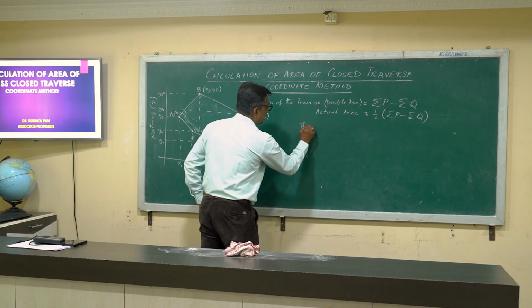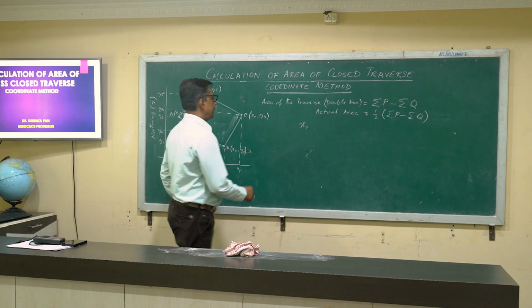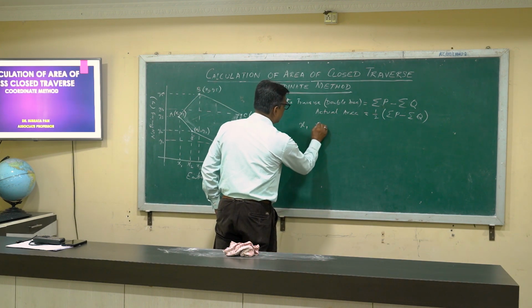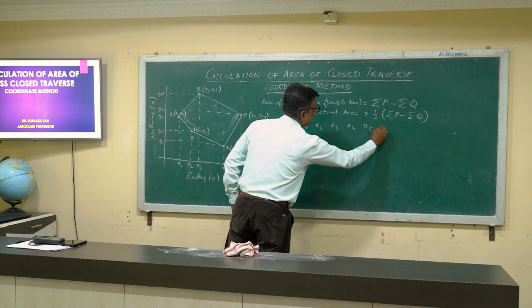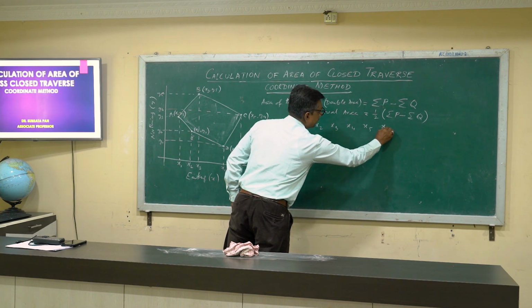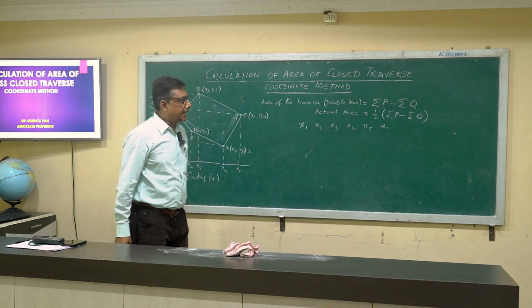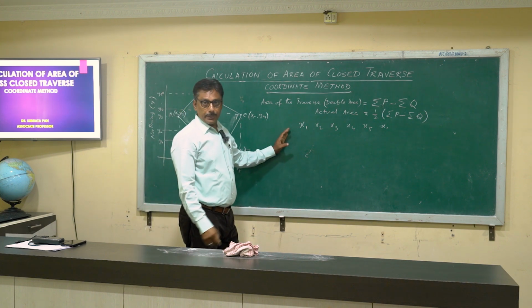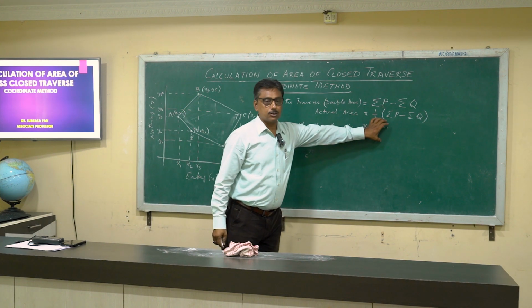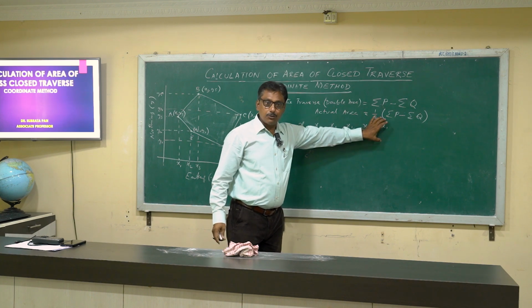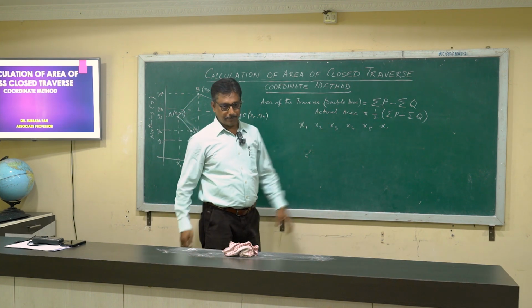Now, if you write x1, x2, x3, x4, x5 and then again x1, because it is a closed traverse, we have to copy the first coordinate value to the last coordinate value, because we have to close the traverse.